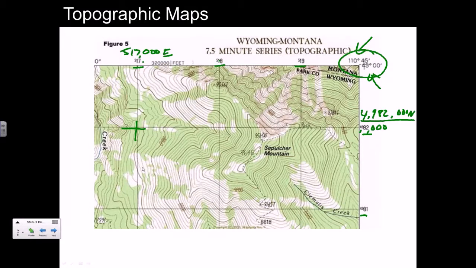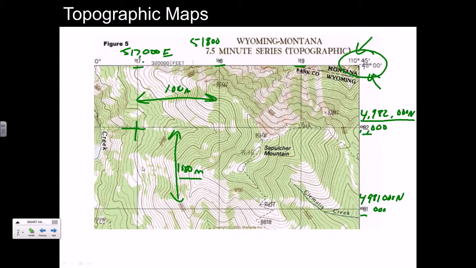So that's how you read it. This one down here, we're going to add 3 zeros. It's going to be 4,981,000 meters to the north. So if this one is 517,000, this one here should be 518,000. That means that this distance east to west, or in this case north to south, is 1,000 meters, or 1 kilometer.